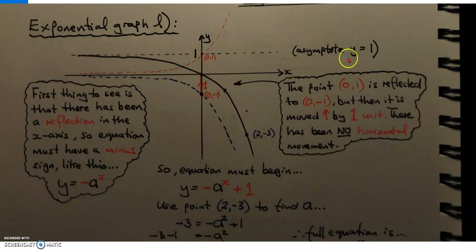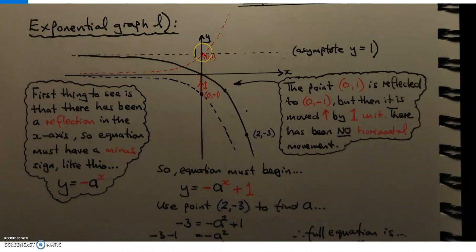We've got this one here. We've got an asymptote at y equals 1. Okay, it's going down like this, but it's this dotted one, it's been moved up 1. So this point here, the all-important point there, is reflected to there, and then it's shifted up by 1 unit.